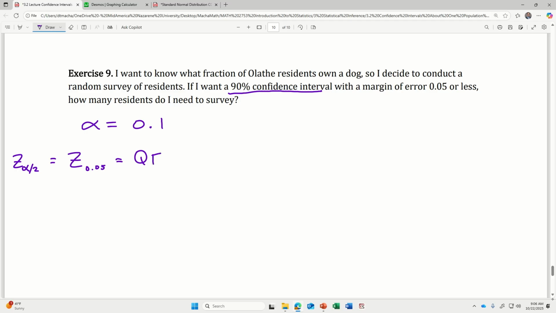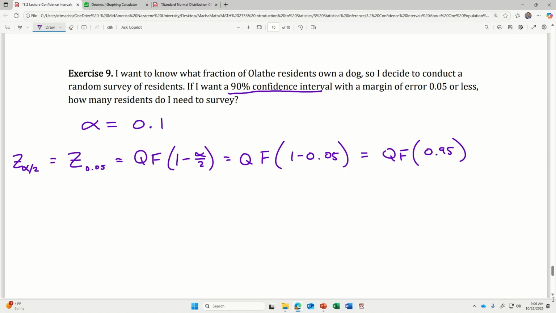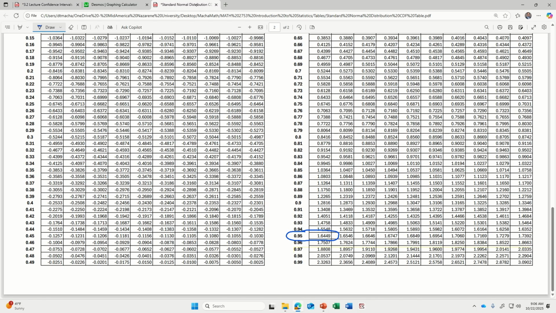And that's going to be the quantile function evaluated at 1 minus alpha over 2, which is going to be my quantile function evaluated at 1 minus 0.05, which is going to be my quantile function at 0.95. So, grab the table, 0.95. Oh, we've already done this one. It's 1.6449.